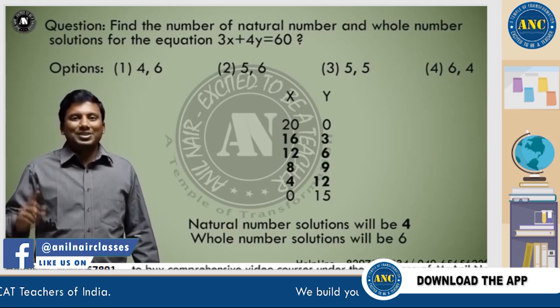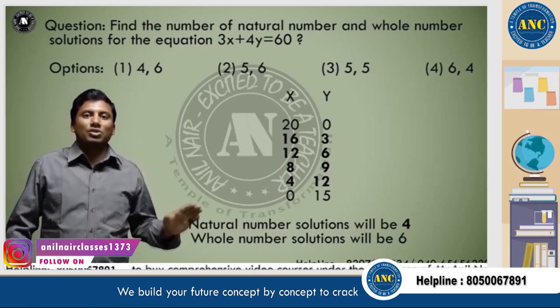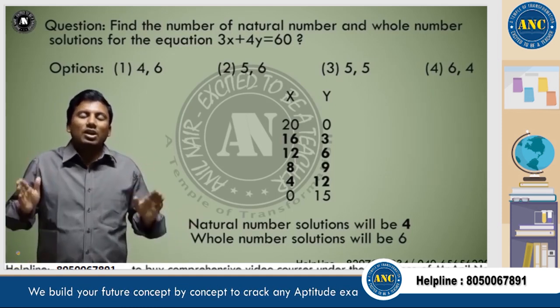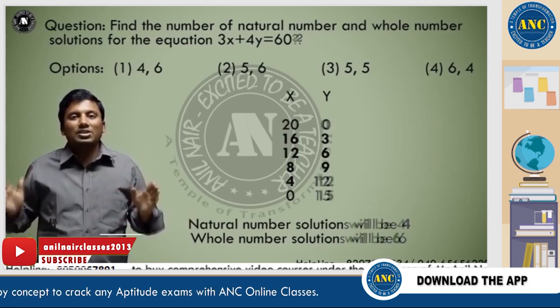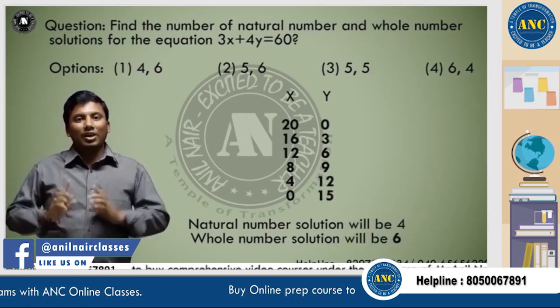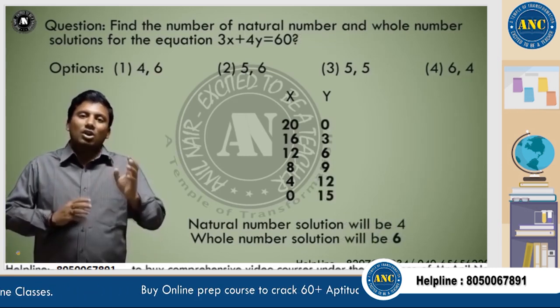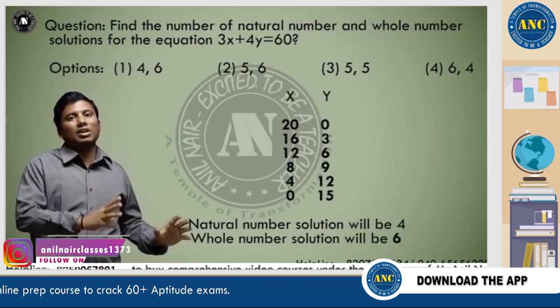So whole number solutions also include these 2 solutions apart from the remaining 4 solutions. So the natural number solutions for this question will be 4 and whole number solutions will be 6. This is the traditional method of solving, where you have to create a table which lists all the corresponding values of x and y.